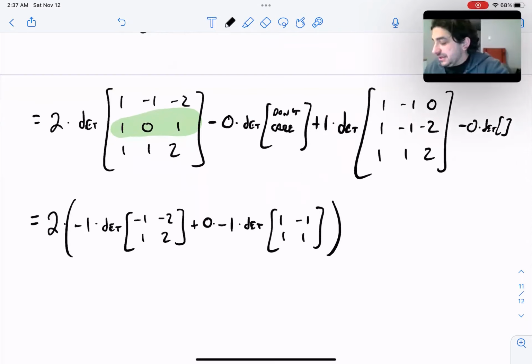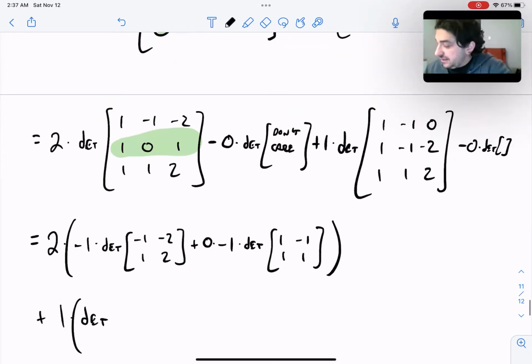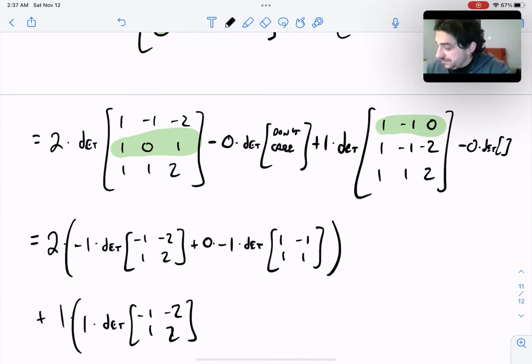There we go. So there's that 3x3 unpacked. Then I'm going to do +1 times the determinant of this. And here I'm going to use the top row again because there's a 0. I want to pick something with a 0. So here I'm going to do +1 times the determinant of the remaining 2x2, -1, -2, 1, 2.